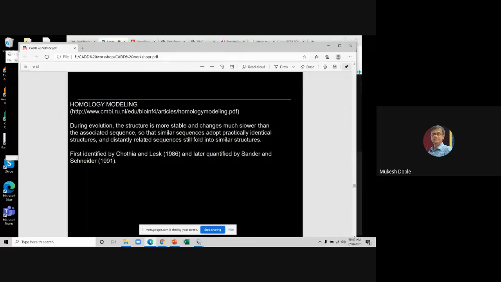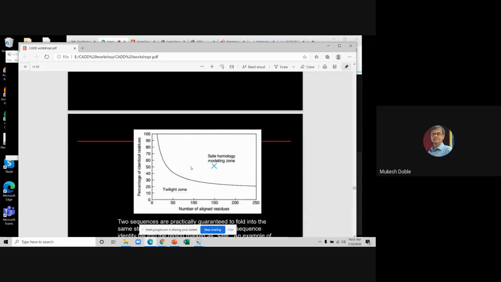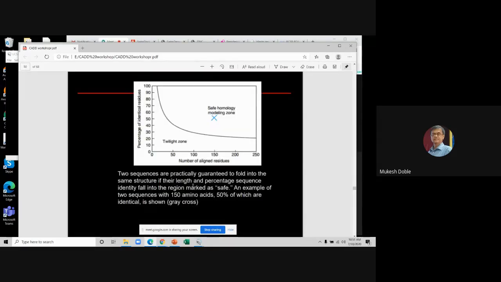So distantly related sequences still fold into similar structures. There could be some differences in some places, especially in the loop region or the external region, but generally they adopt similar structures.